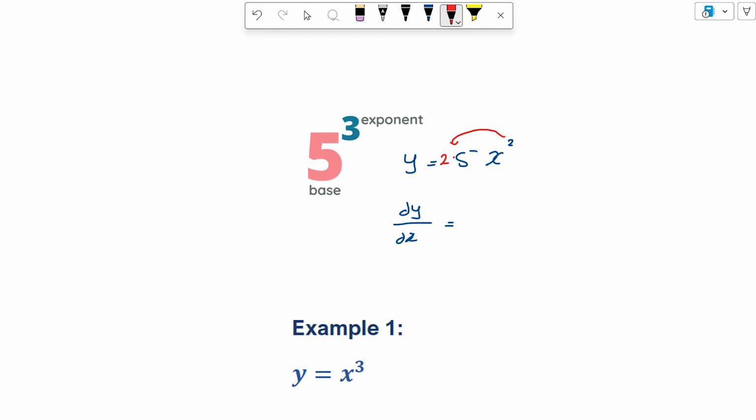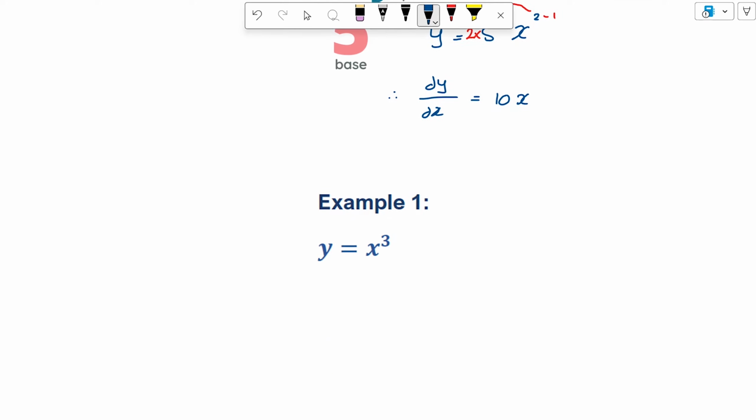So 2 times 5, and then we need to subtract 1 from the exponent. Therefore, the dy over dx is going to be 2 times 5, that's 10, and x, because 2 minus 1 is 1, so x raised to the power of 1. We do not write x raised to the power of 1, it is just x. This is just how you do it. There's nothing more to it.